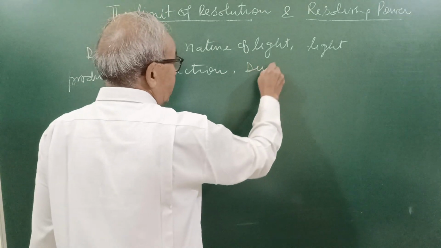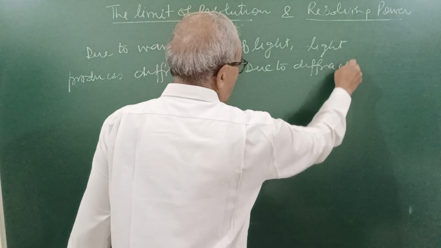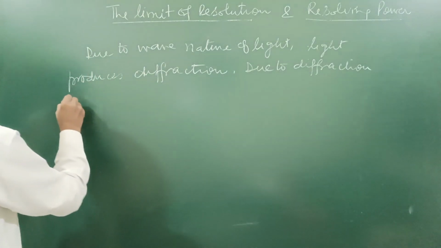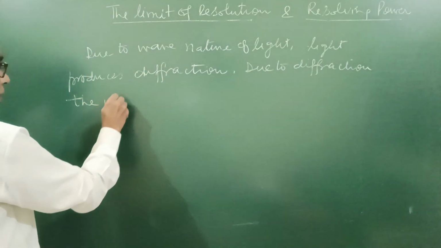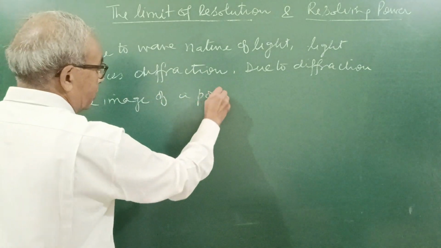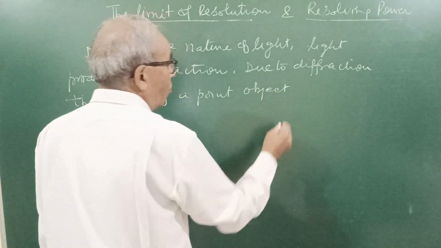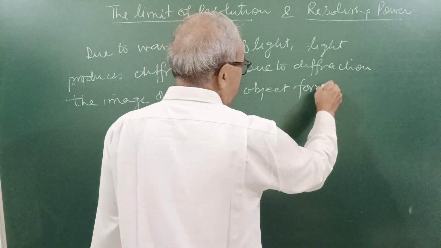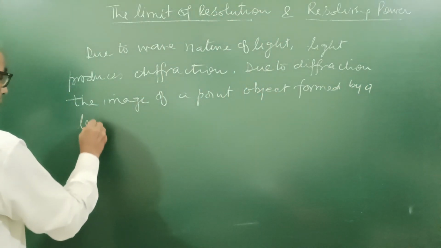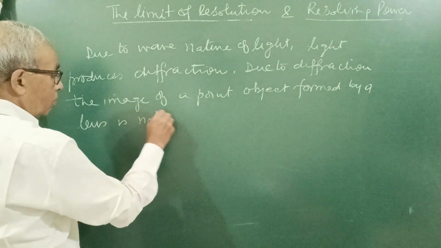Due to diffraction, the image of a point object formed by a lens is not sharp.